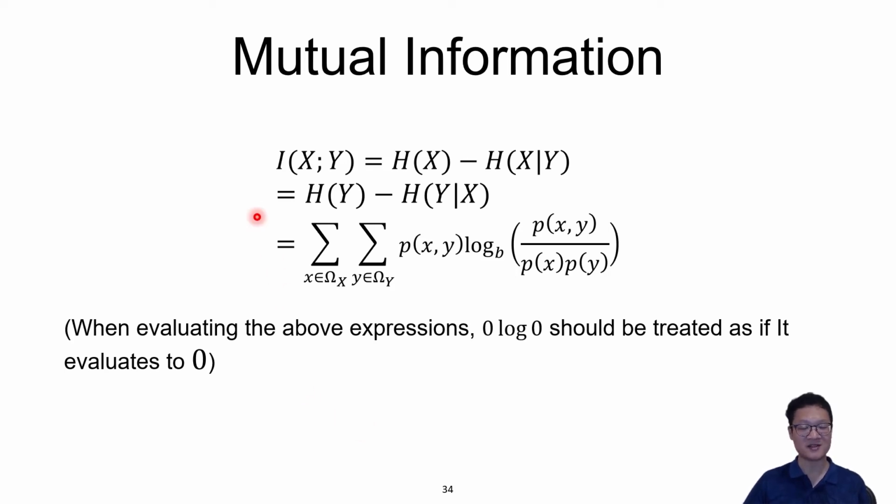Okay, so the mutual information I of x, y is equal to h of x minus h of x given y, also equal to h of y minus h of y given x. The interpretation here is the information gain if we're given one of the variables. So this is the entropy of x, and this is the entropy of x when we're given y.